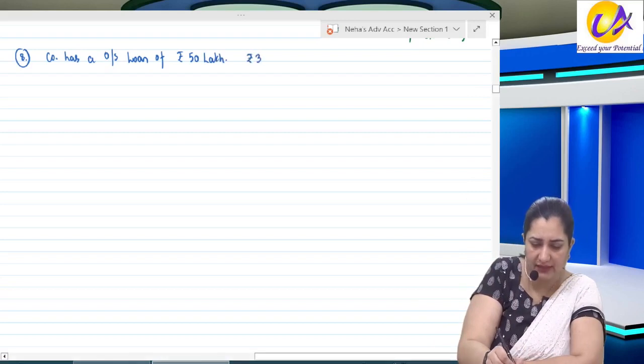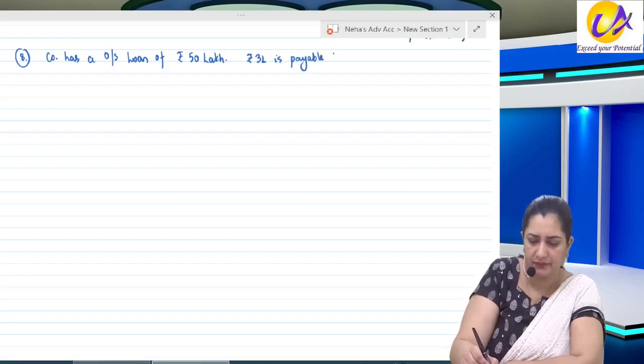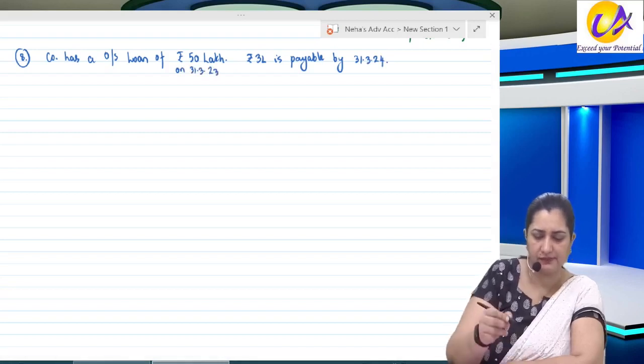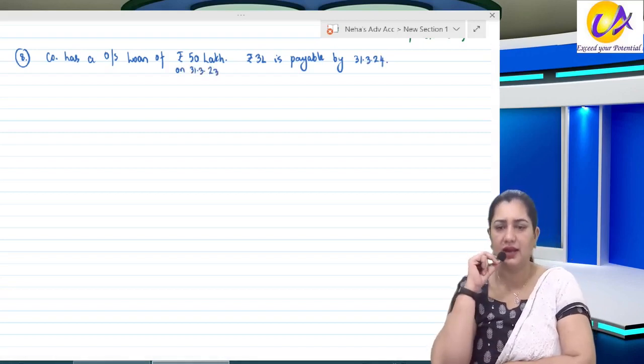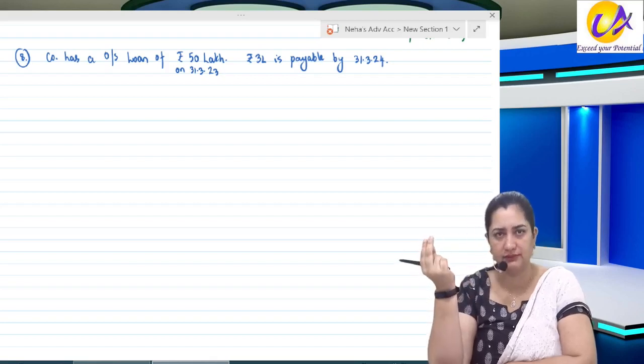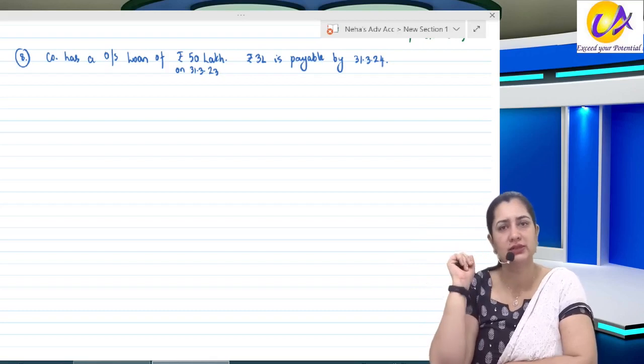Rupees 3 lakh is payable by 31st March 24. You write this outstanding loan of 50 lakh on 31st March 23, and 3 lakh is payable by 2024. So now how will you show this?